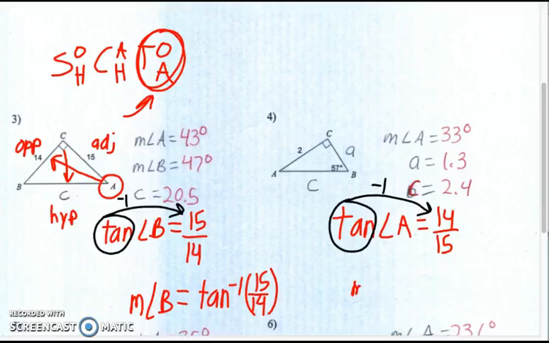So we're going to have the measure of angle A equals the inverse tangent, looks like tangent to the -1, of 14 over 15. Go ahead and put that in your calculator. Remember, it's the second tangent, and then 14 divided by 15, close that parenthesis, and then hit equals.